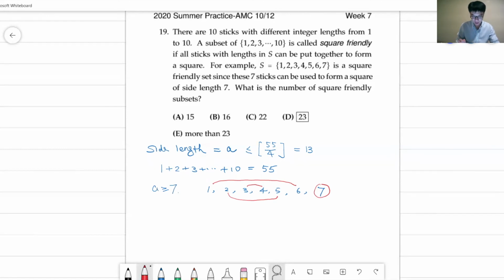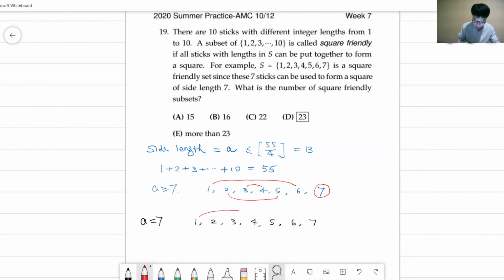All right, so let's now discuss for each side length how many cases we have. Let's start from 7. If A equals 7, there's only one way. So 1 plus 6, and let me copy this picture: 1, 2, 3, 4, 5, 6, 7.